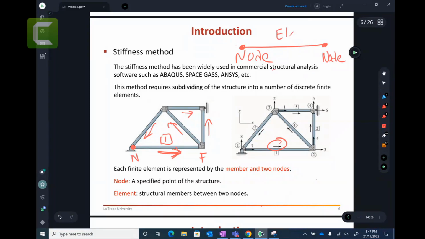This is called an element. And if I put the arrow left to right, this one is the near node, this one is the far node. That's how we identify. For this arrow, this is the near node and this is the far node. For this arrow on element number 5, this is the near node, this is the far node. For element number 3, this arrow tells me this is the far node and this is the near node.